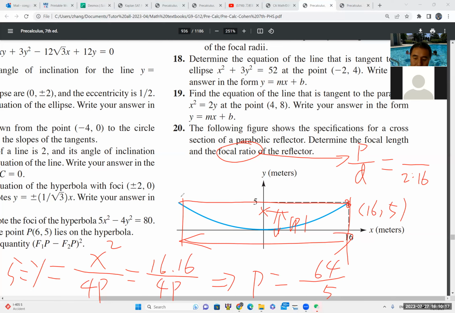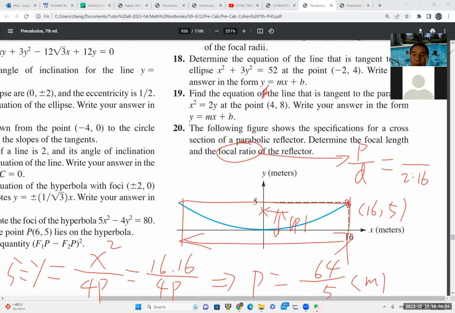So this unit is meter. Suppose the focus is at about, let me say this is about 12, close to 13. So the focus is about here, right?